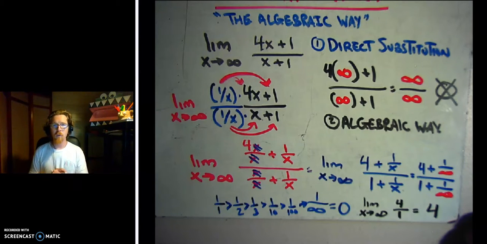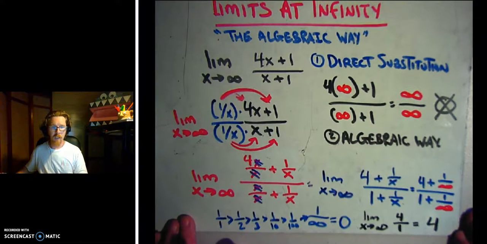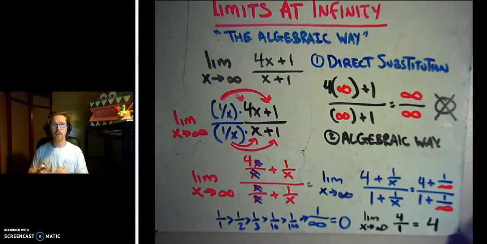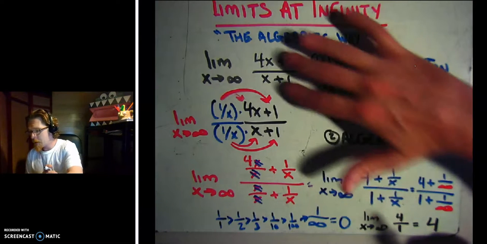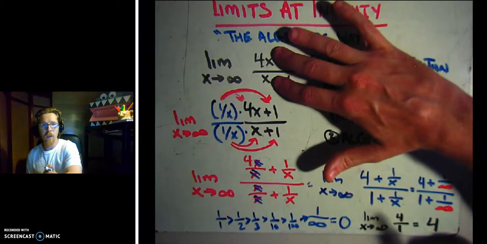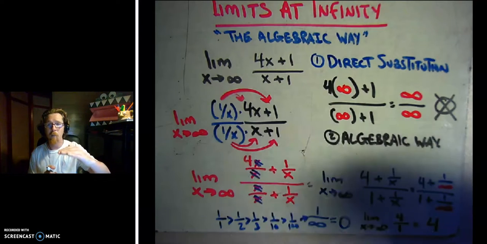Now again, as you continue your studies of calculus, limits, and horizontal asymptotes, you're going to learn some rules that you can investigate. The rule that's happening here is we look at the highest degree of our numerator and our denominator. In this case, the degree is both 1 and 1.